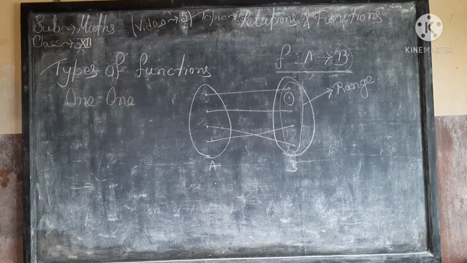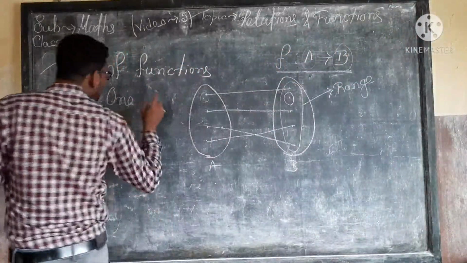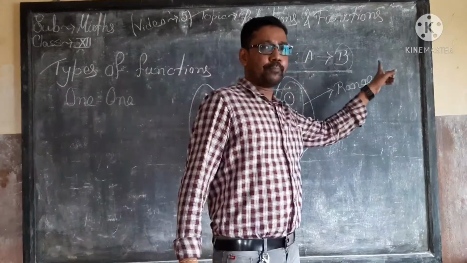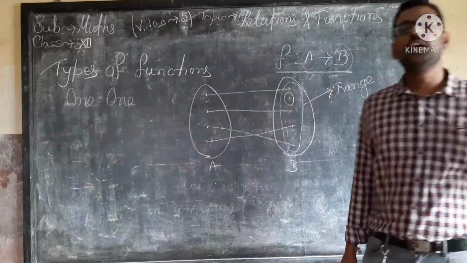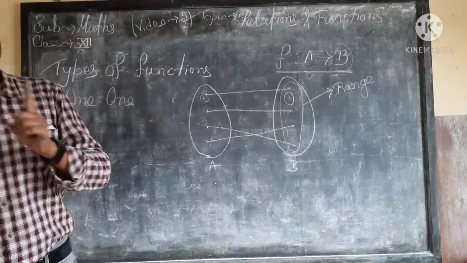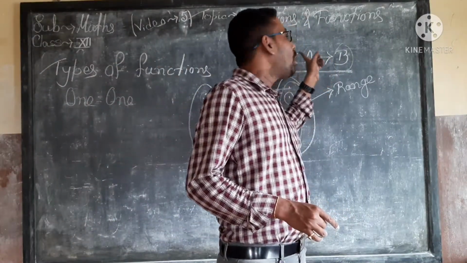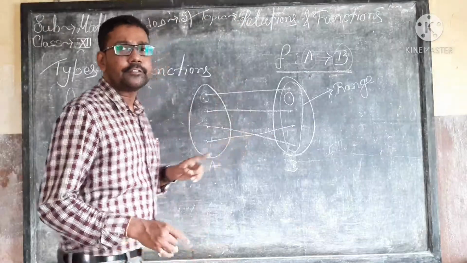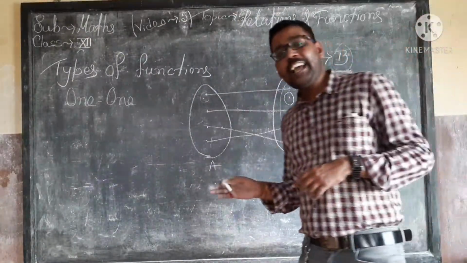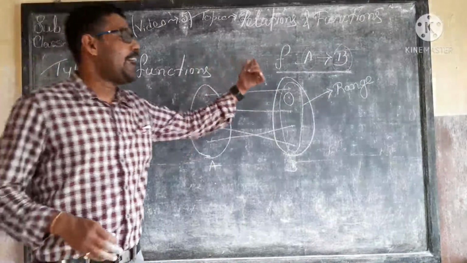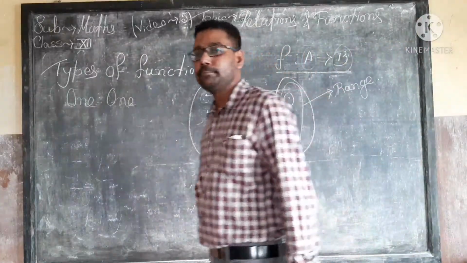What is the definition of the one-one function? If f is a function from A to B, it is called a one-one function if all the elements of the domain of f are connected with some distinct element of B under this f, and this f is nothing but a rule.